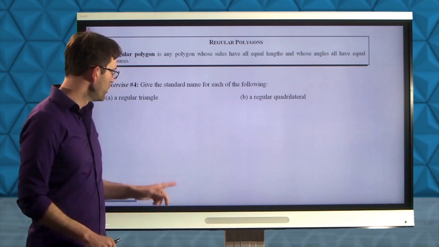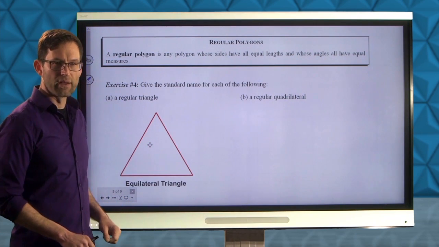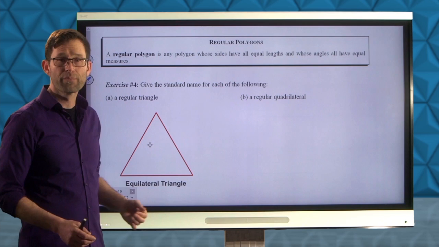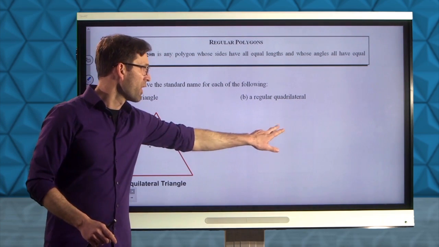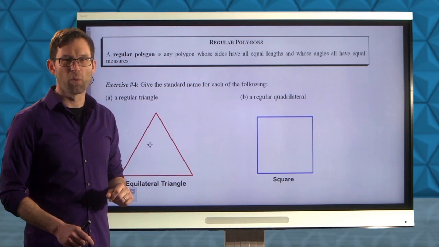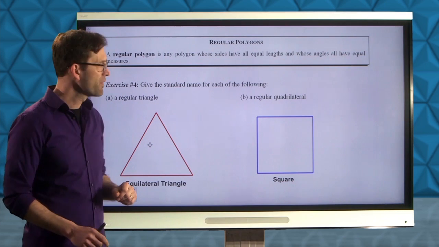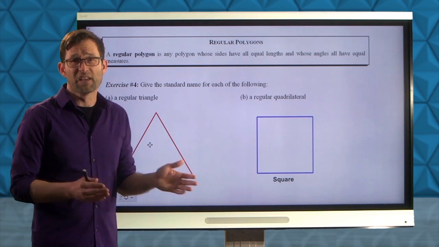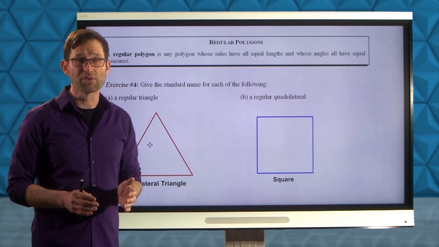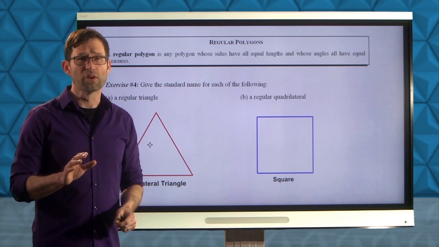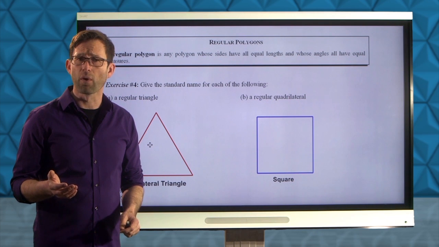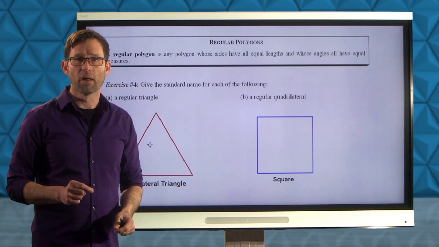Do you remember? Well, a regular triangle is an equilateral triangle. And a regular quadrilateral, that's a square. So we'll typically just refer to them as equilateral triangles and squares, but this terminology of regular polygons is something that you've seen before, even if you haven't used that terminology.